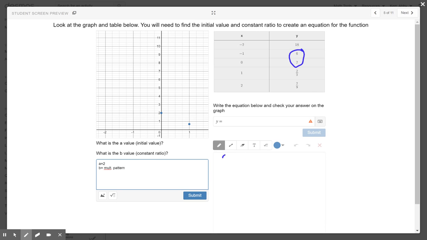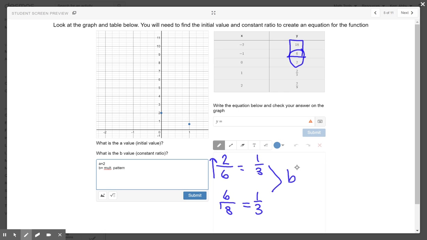I'm going to pick 2 divided by 6. Remember, you're working backwards. 2 divided by 6 gets you 1/3. You could do 6 divided by 18, and guess what? That's going to get you 1/3 as well. So this is your B value.